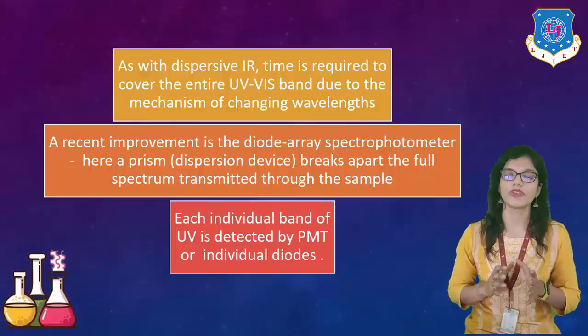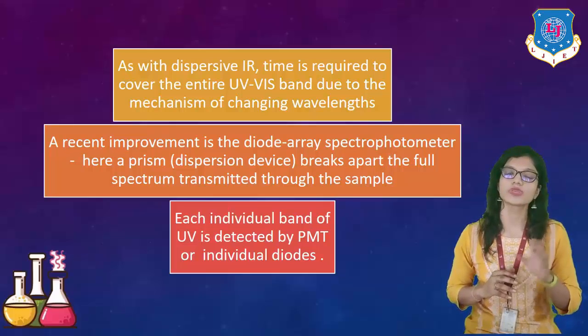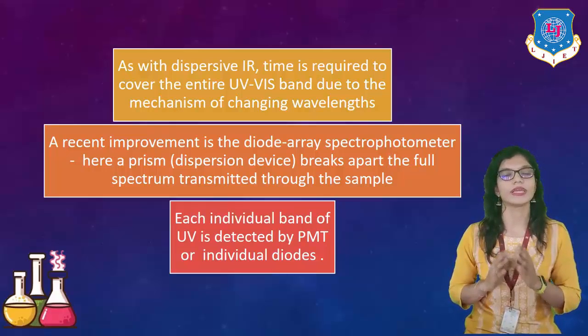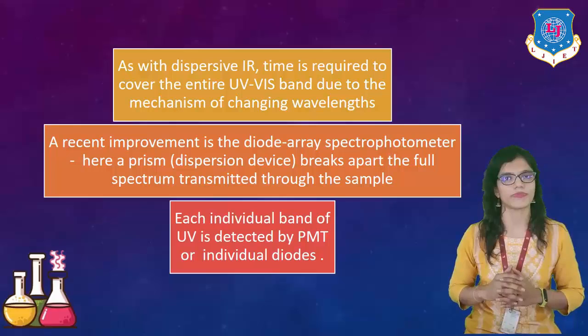So here we can use both the regions to analyze any kind of sample. Generally it has been observed that UV visible spectroscopy is found in each and every chemical laboratory, in each and every research and development laboratory, and even in higher education departments also.